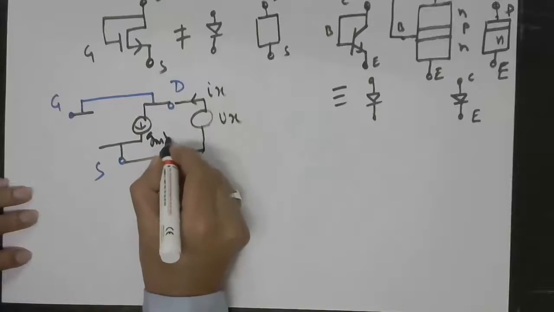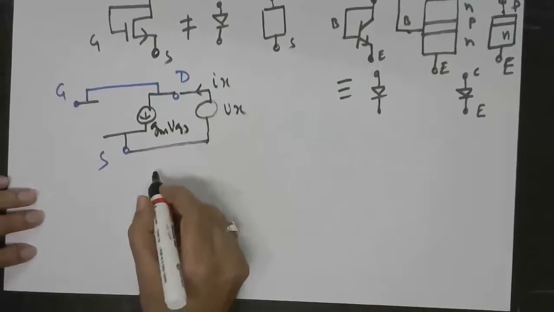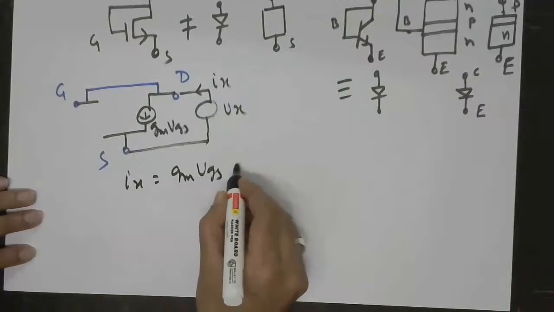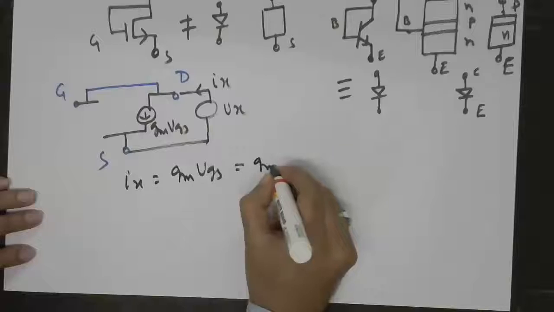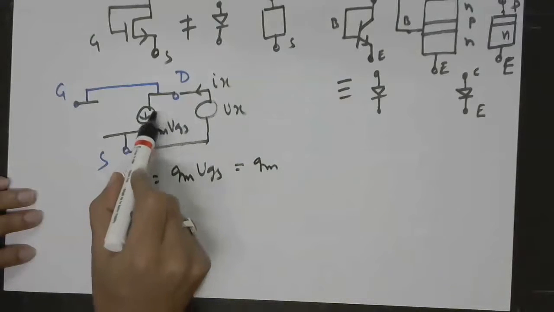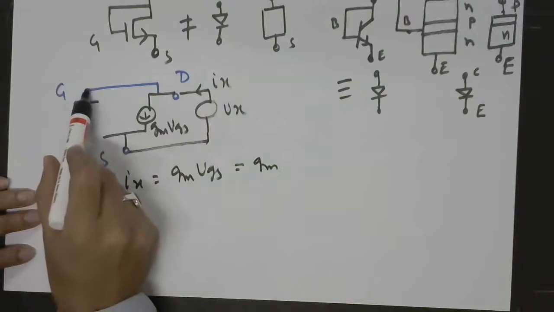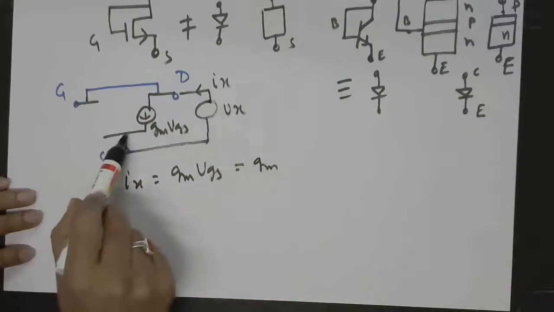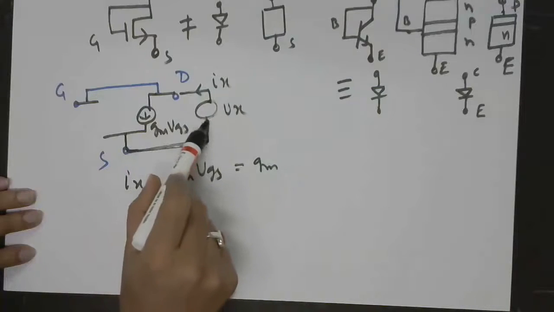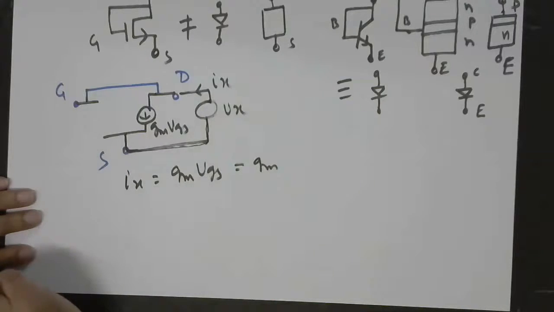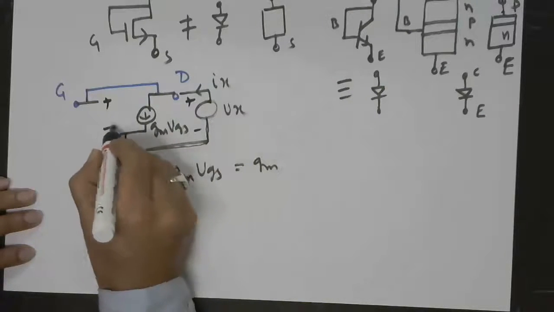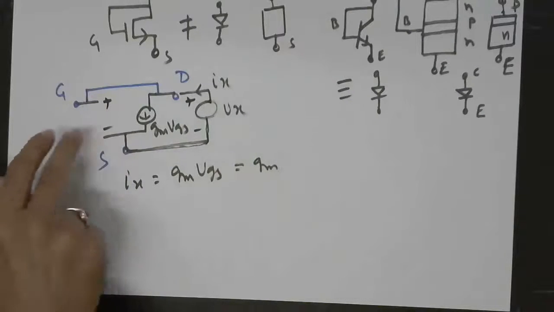So this is gm Vgs. So here you can see clearly that I is equal to gm Vgs. Now you can see that the gate is connected to the drain, which is connected to the source, and the source is anyway connected to the external source. So you can see that this Vx is the same as the voltage between gate and source.